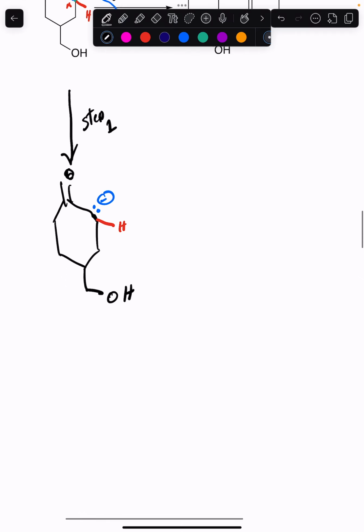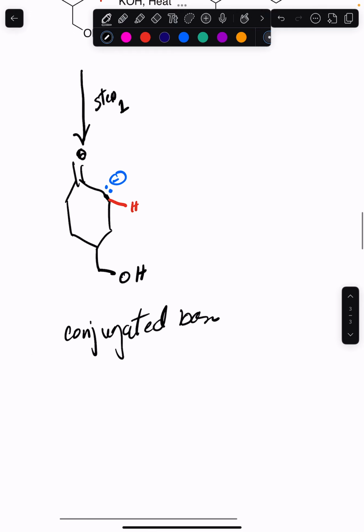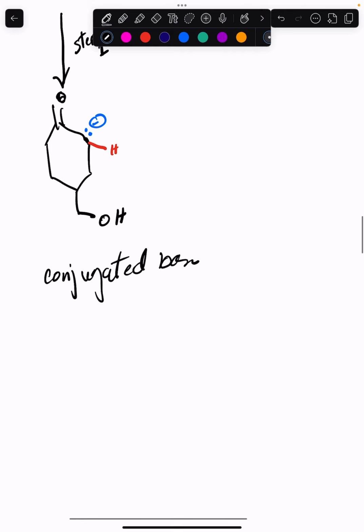Now, the presence of this lone pair and this negative sign, which is basically our conjugate base, will make this product a nucleophile. So this product will be our nucleophile.